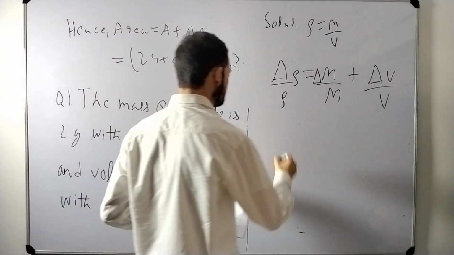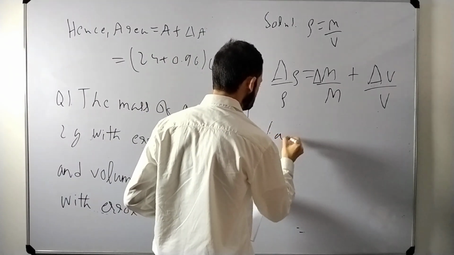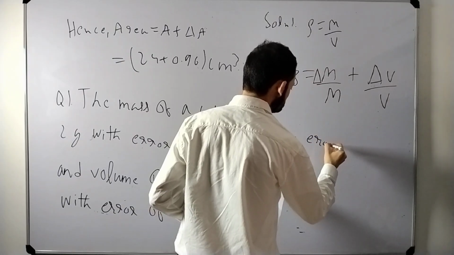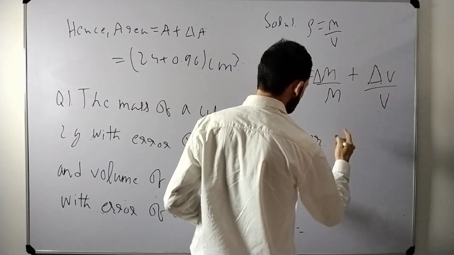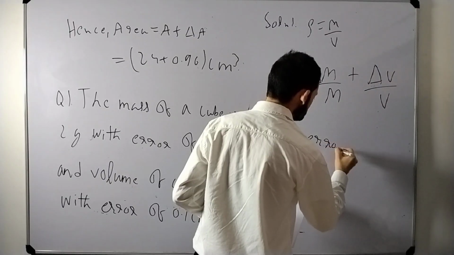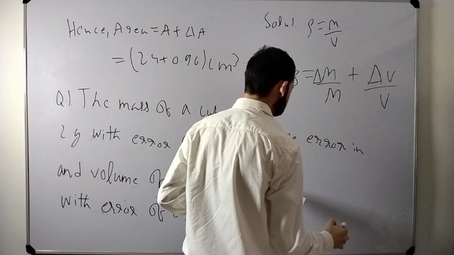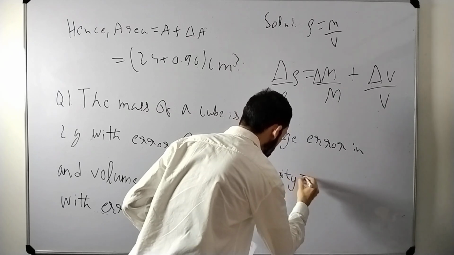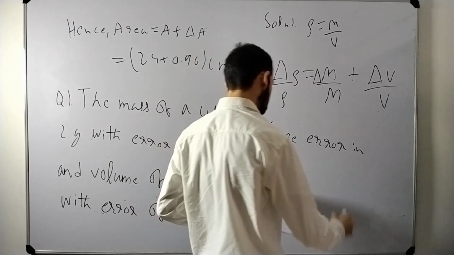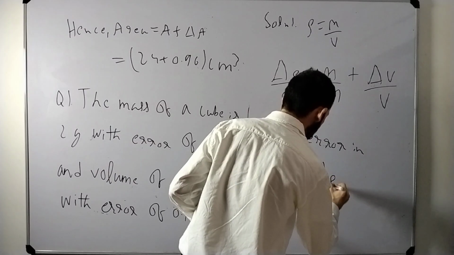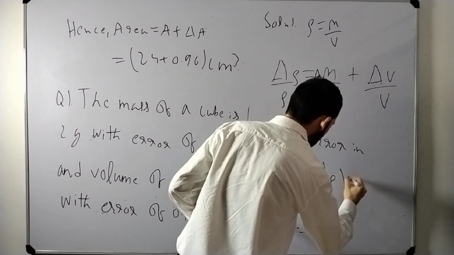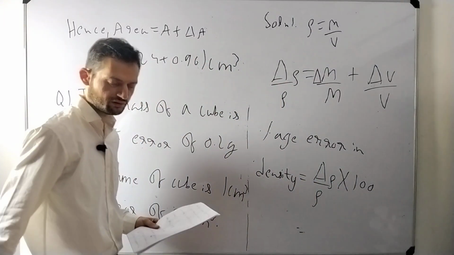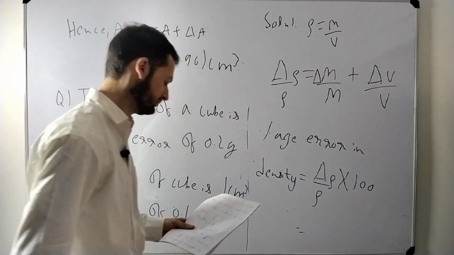So the percentage error in density is what, students? What was the formula for it? Sir, del rho upon rho into 100. Yes, very good. This is the formula.